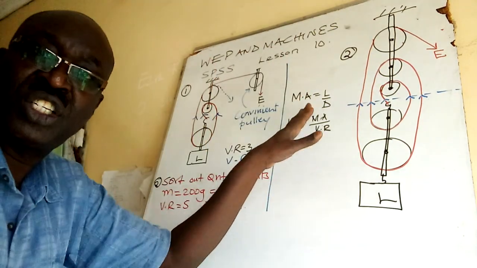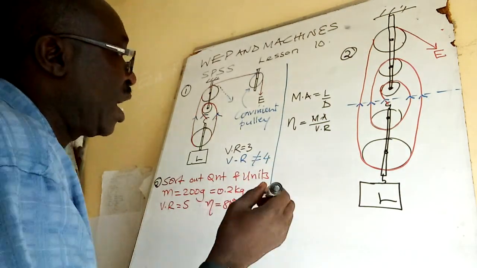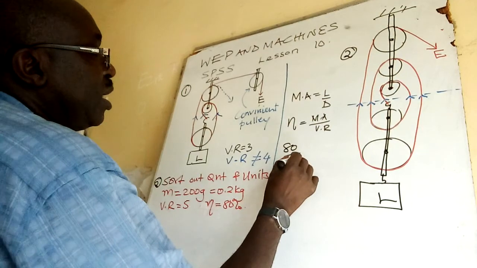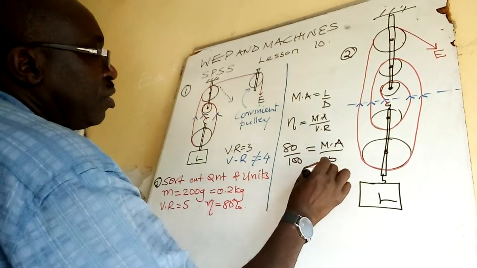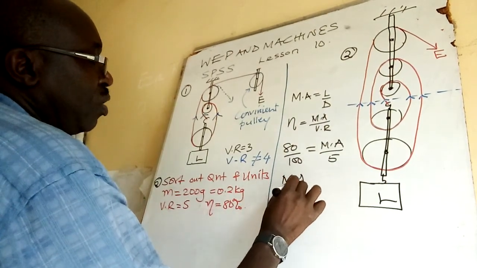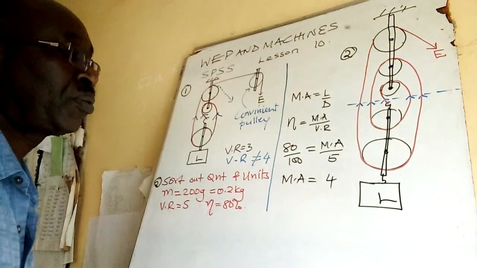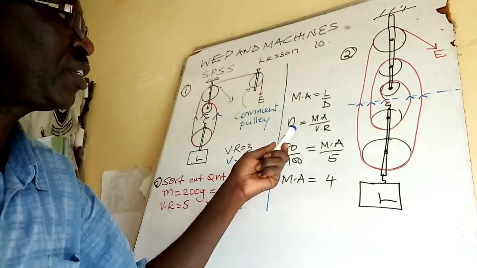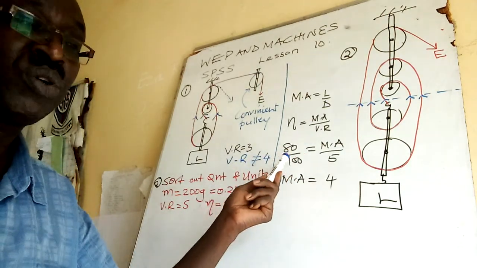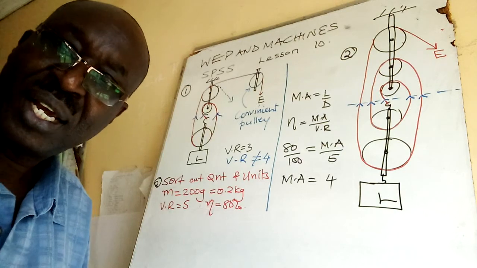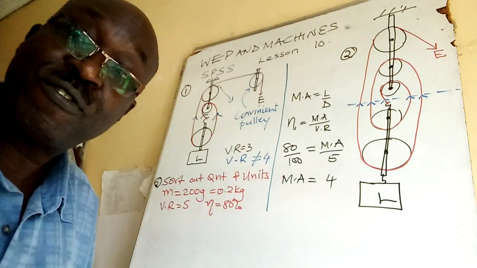In view of these two, I will pick this because I have here 80 over 100. That is the efficiency, mechanical advantage over velocity ratio 5. So mechanical advantage, you compute that, it comes to 4. That is 5 times 80 over 100. 5 goes into 100 20 times. 20 goes into 80 4 times.